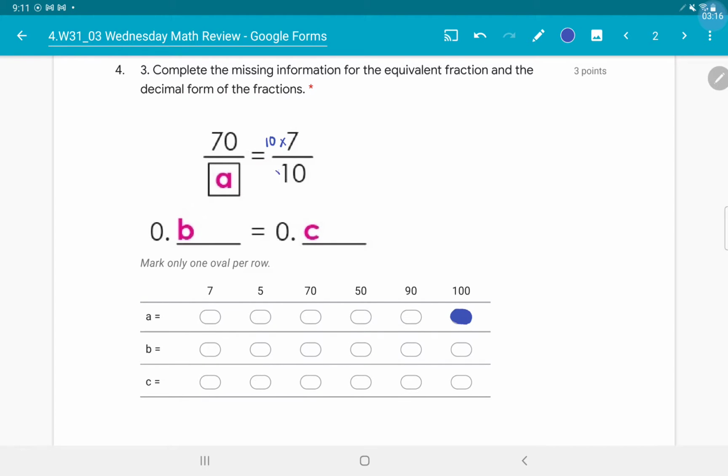So then we would have to do 10 times 10 also, which equals 100. Okay, so if A is 100, now tell me what B is. 70. Need 70 100ths. And how about C? 7 for 7/10. All right.